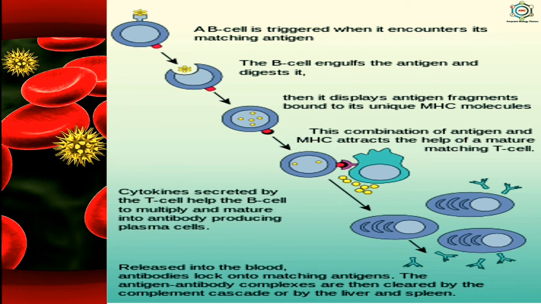Cytokines secreted by the T cell help the B cells to multiply and mature into antibody-producing plasma cells, and the antibody is released into the blood. Antibodies lock onto matching antigens. The antigen-antibody complexes are then cleared by the complement cascade or by the liver and spleen. So this is the way a B cell works.